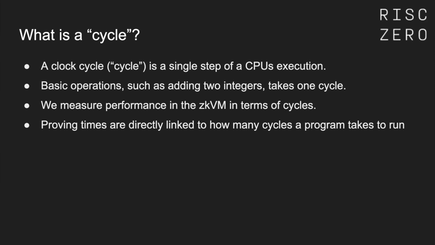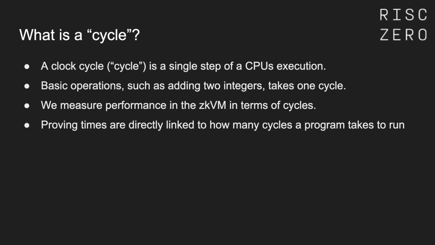For the zkVM, we often use cycles per second, in the range of hundreds of kilohertz or megahertz, as our way of talking about performance. The reason is that the number of cycles a given program uses to execute is directly related to the proving time.